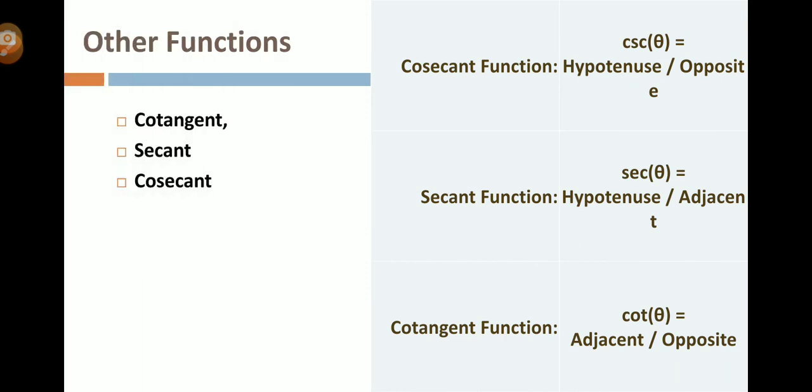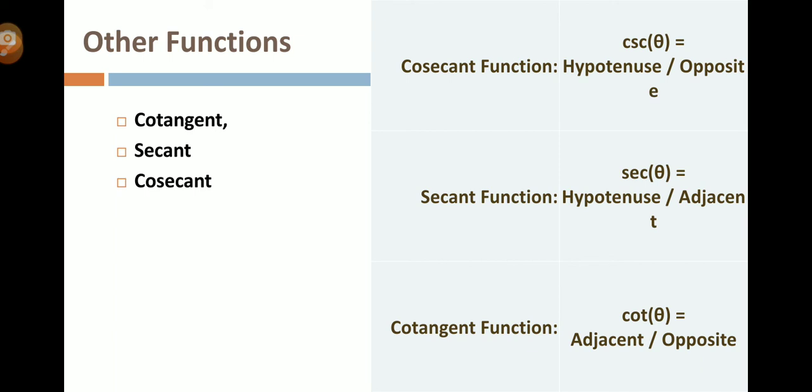The other functions of trigonometry are cotangent, secant and cosecant. They are simply reciprocals of the main functions sine, cosine and tangent.